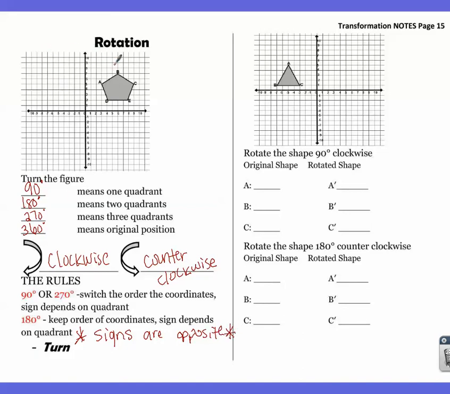Okay, so for our example up top, here's our original figure. So this is going to be the original or a 360 degree rotation. If I rotate it to the fourth quadrant, this is either going to be a 90 degree rotation clockwise or a 270 degree counterclockwise.